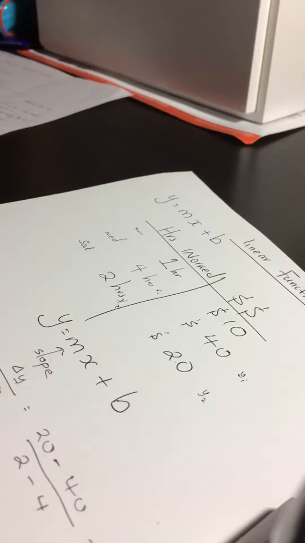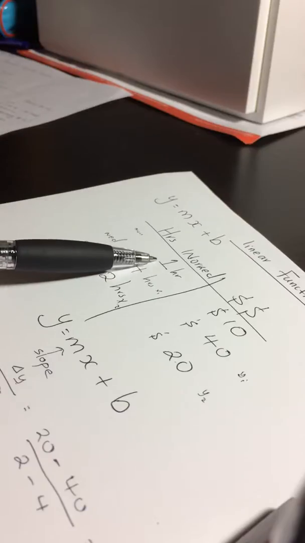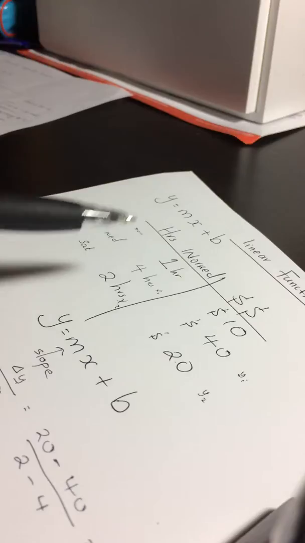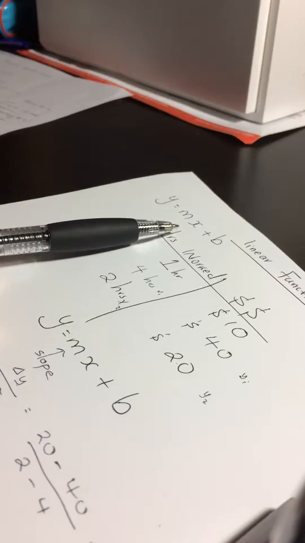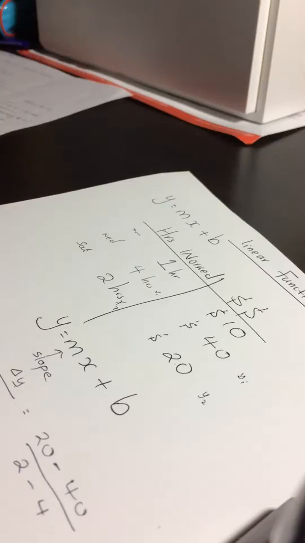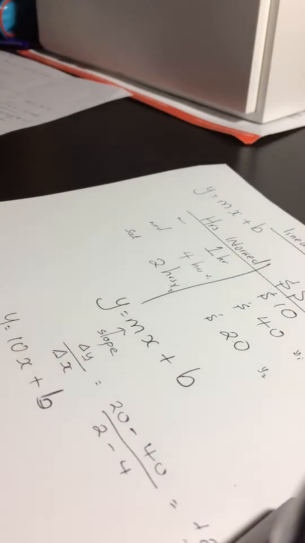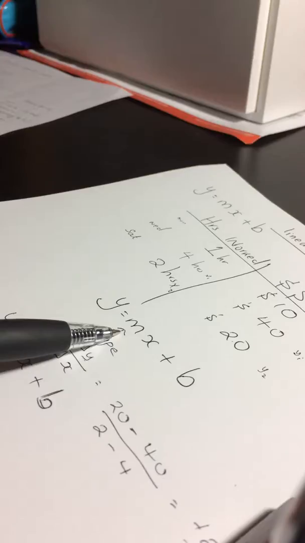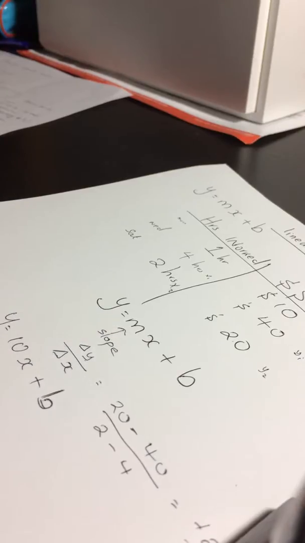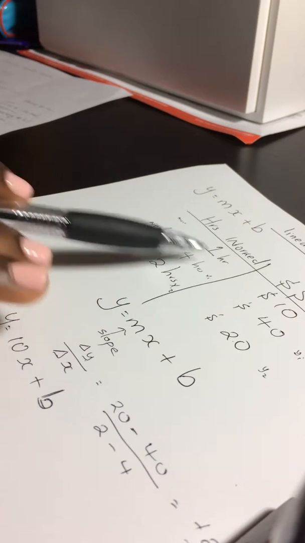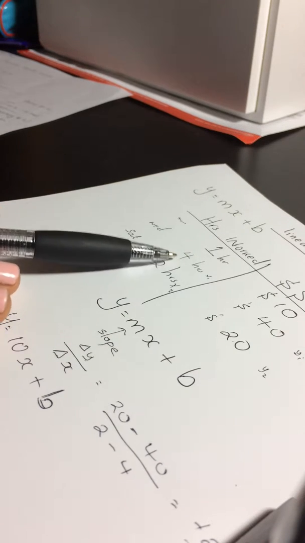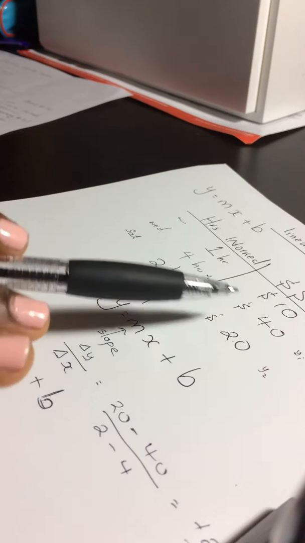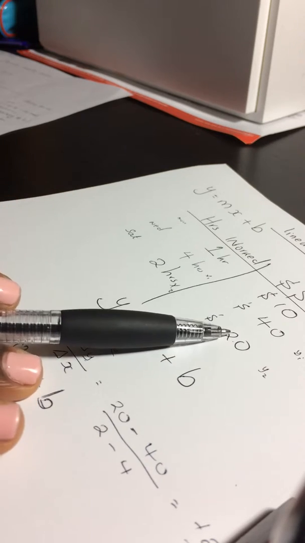So you might be wondering, how on earth do we go from just the hours that I work and how much I get paid to creating an equation called slope-intercept form? Where does that word even come from? Well, the m represents the slope, which is the rate of change: for each change in x, for each change in the hours you work, what is the change in y, the amount you get paid?